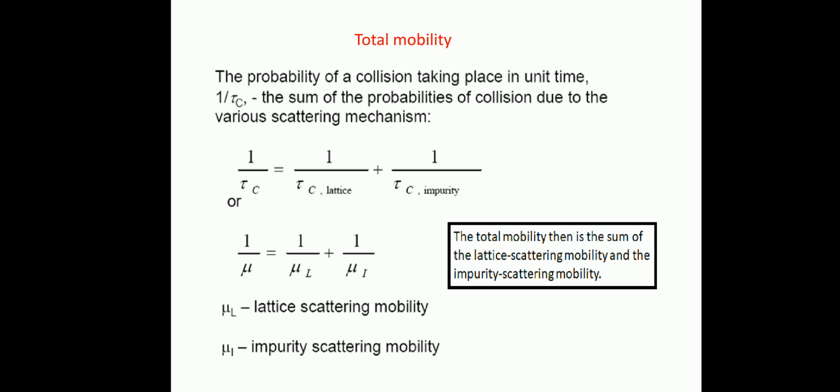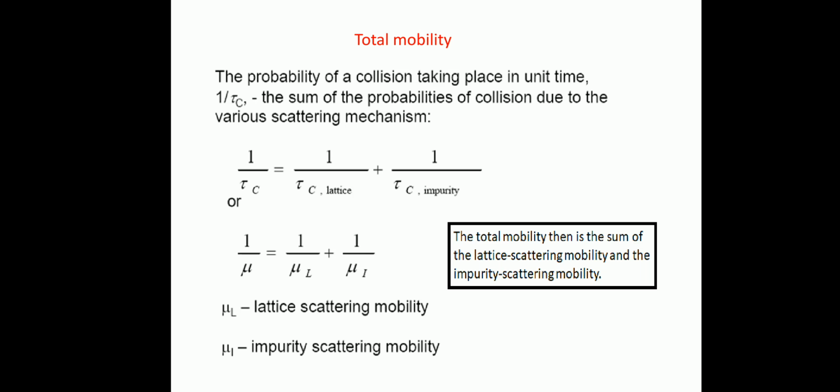Then we can say that the probability of collision taking place in unit time, that is 1 by tau c, is the sum of probabilities of collision due to various scattering mechanisms. So we are considering scattering as lattice and impurity scattering. So 1 by tau c is equal to 1 by tau c lattice plus 1 by tau c of impurity.